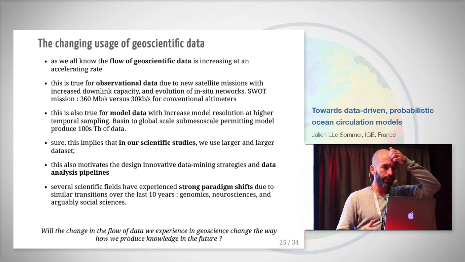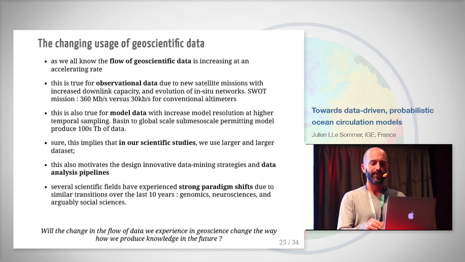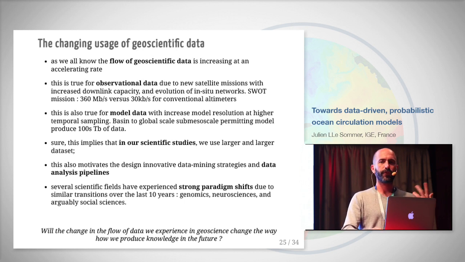As you all know, and that's some sort of cliché, the flow of geoscientific data is increasing at an accelerating rate. We all know that. But if you really want to understand what we're talking about, just a couple of figures might be useful.